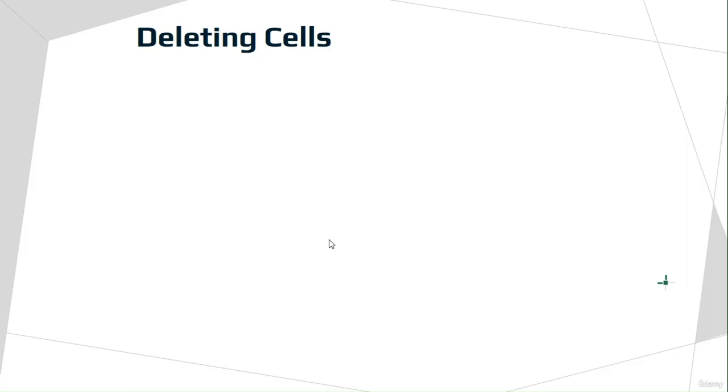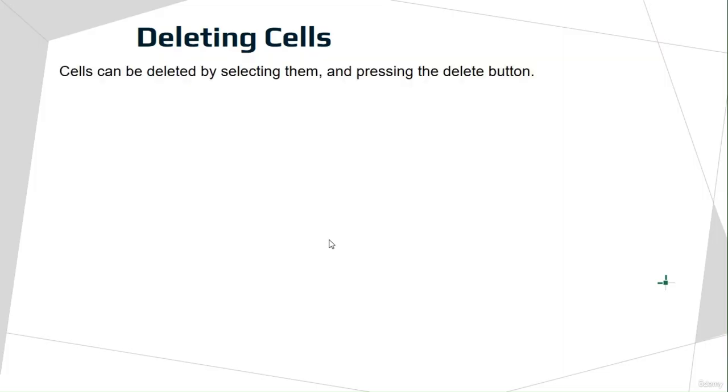Let's look at deleting cells. How can you delete cells in Excel? Cells can be deleted by selecting them and pressing the Delete button. From the previous examples, you might recall where we deleted a value or values.